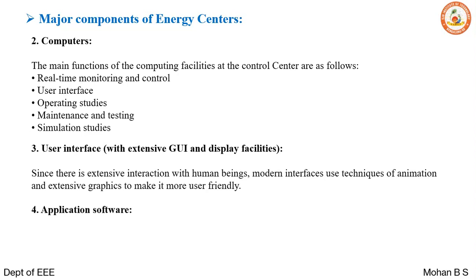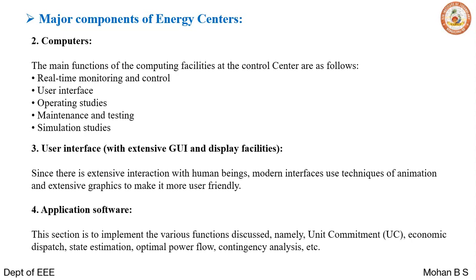Since it involves extensive interaction with human beings, modern interfaces use animations and extensive graphical representation to make it more user friendly. Application software implements the various functions discussed, namely unit commitment, economic load dispatch, state estimation, optimal power flow, contingency, and many others.